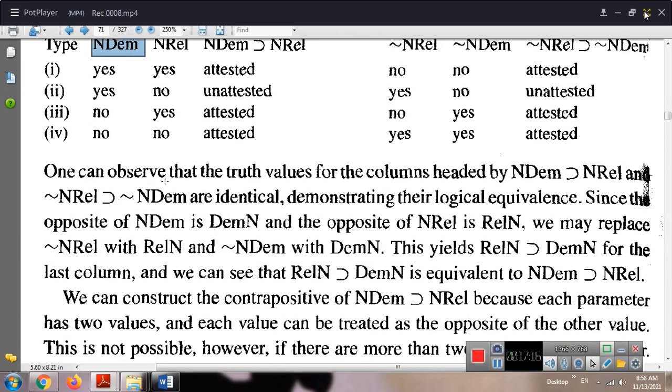One can observe that the truth values for the columns headed by if non-demonstrative, then non-relative, and if not non-relative, then not non-demonstrative, are identical. They are identical, demonstrating their logical equivalence. Then the opposite of non-demonstrative is demonstrative noun, and the opposite of non-relative is relative noun.